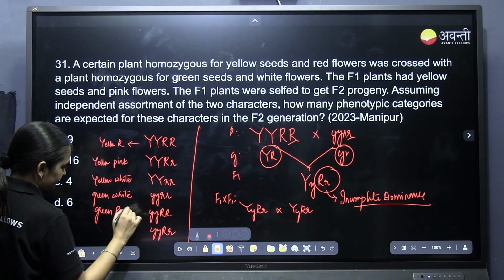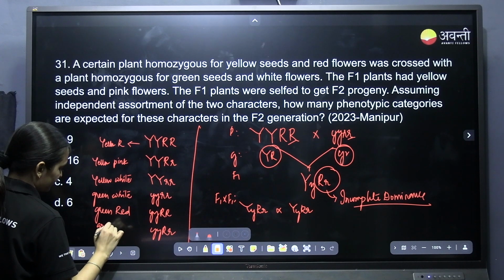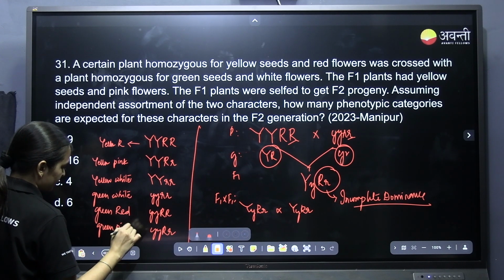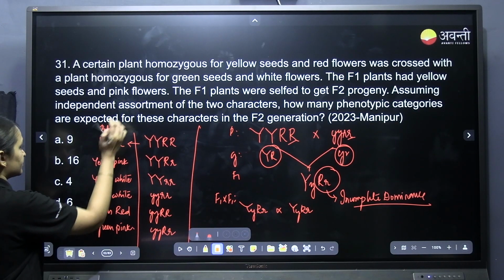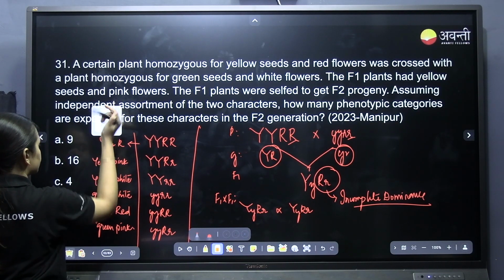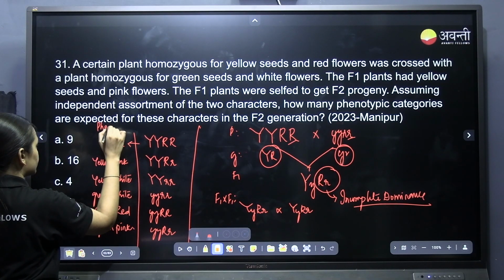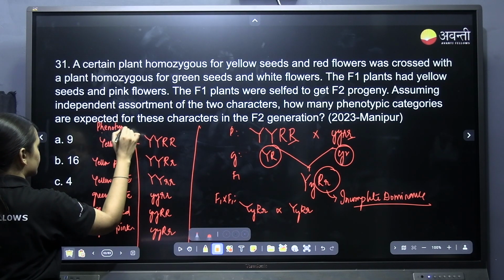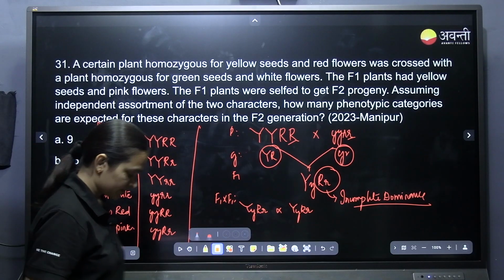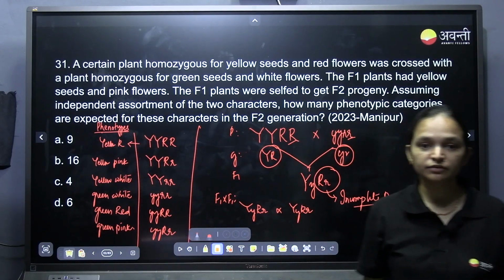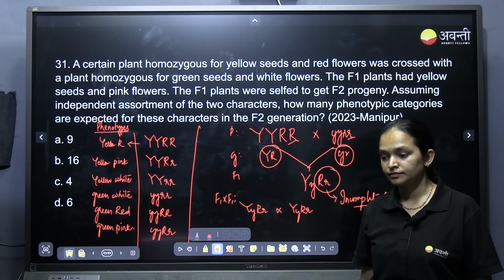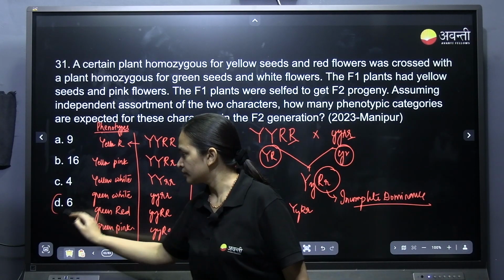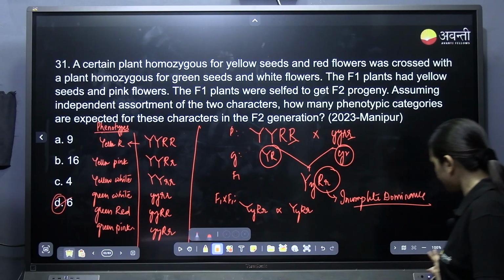So these are the phenotypes. How many phenotypes can we observe? 6. D is the correct answer.